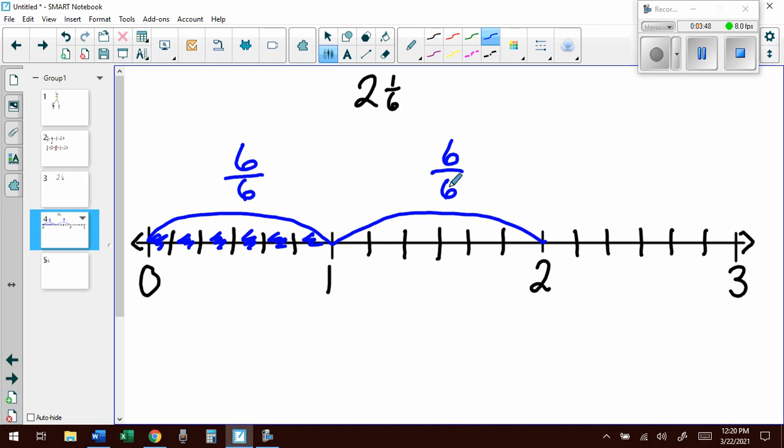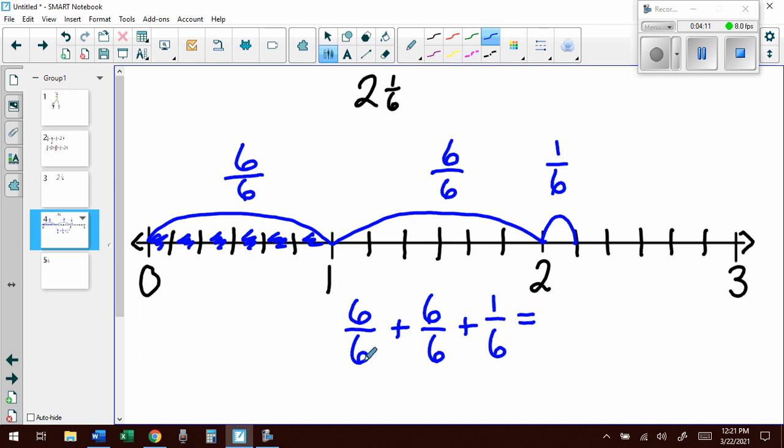And then it wants us to go an extra 1/6. So we have 6 sixths plus another 6 sixths plus a little extra 1/6.